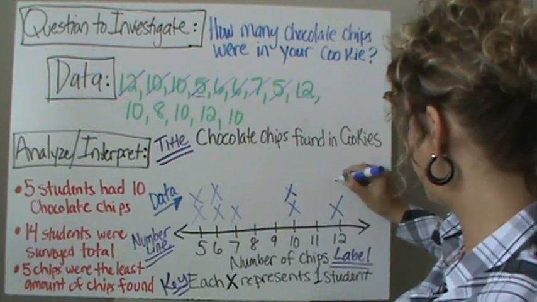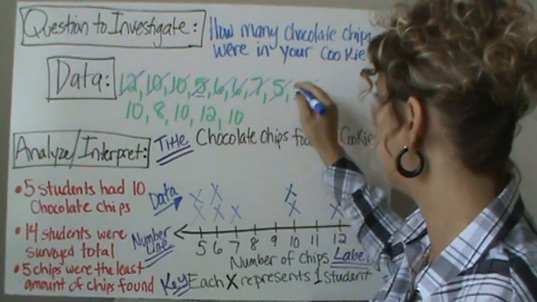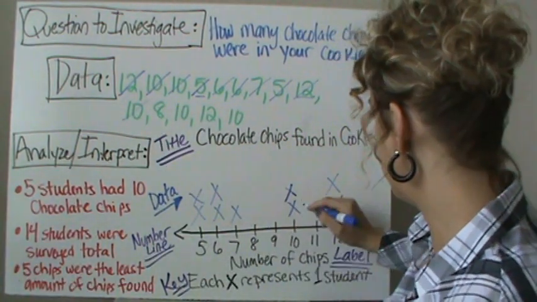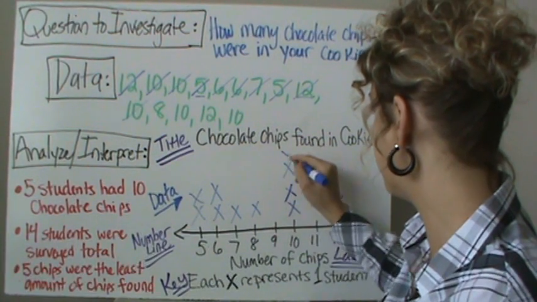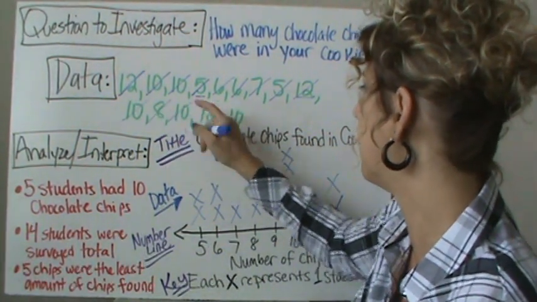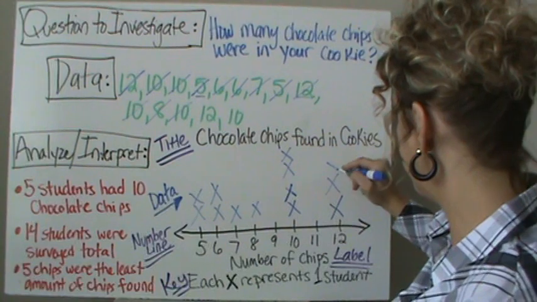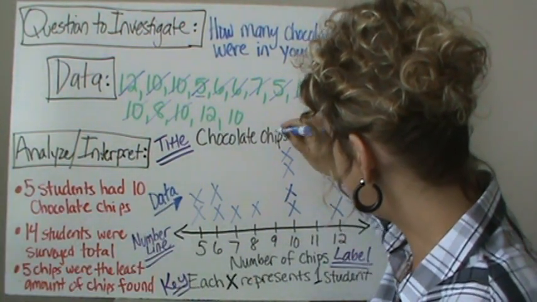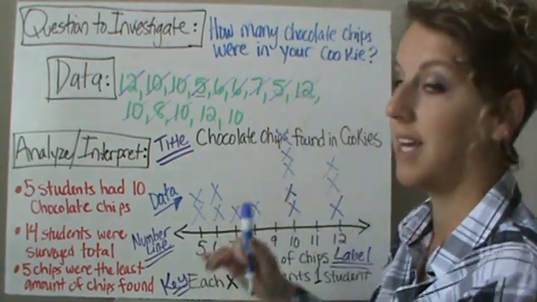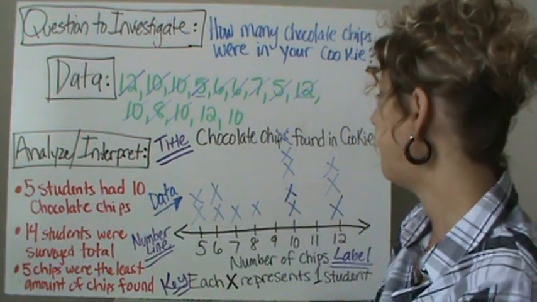A 12. A 10. An 8 and another 10. A 12 and a 10. Oh, and I need to squeeze this. Maybe I should have put my title up a little higher.